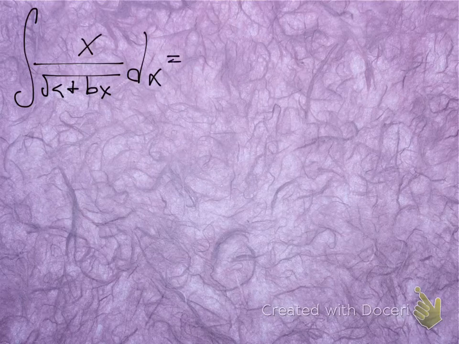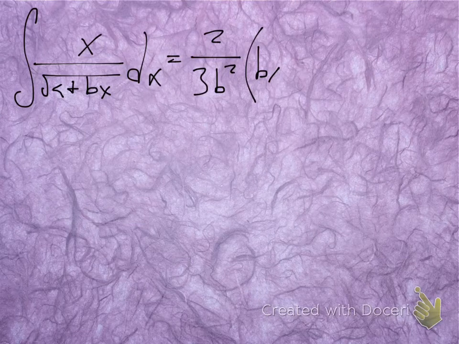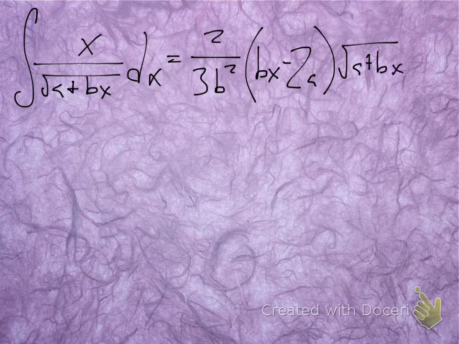And you do a lot of work, and you come out with 2 over 3b squared times bx minus 2a times rad a plus bx, and all this plus c.